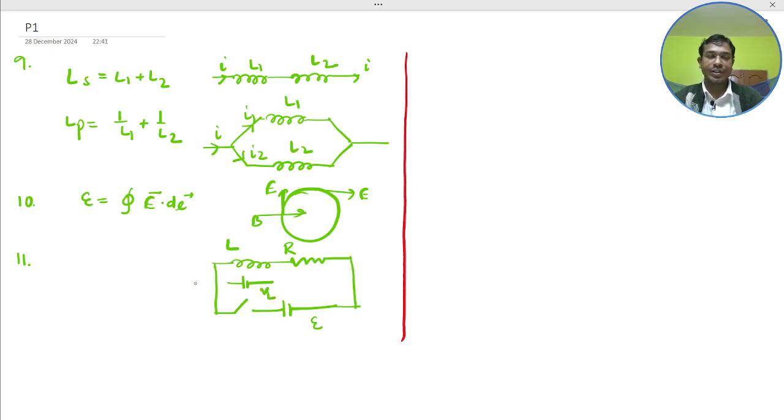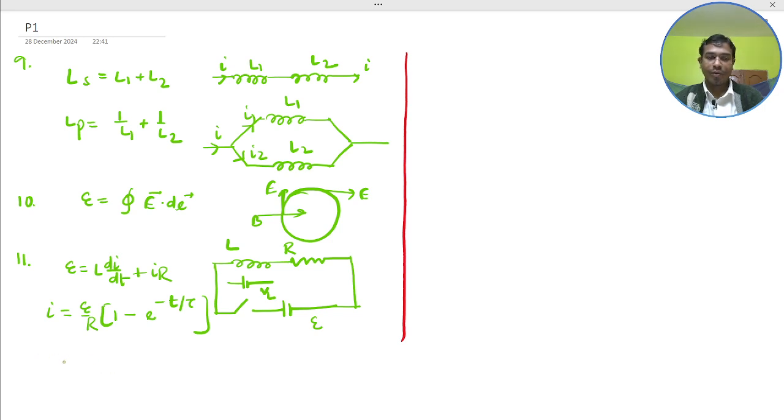So using Kirchhoff's law we get the induced EMF L di/dt plus I into R.